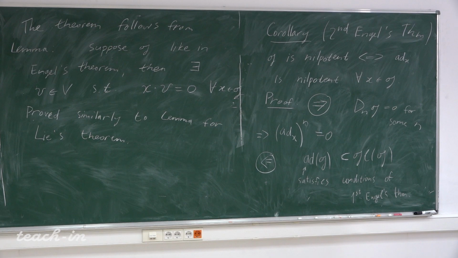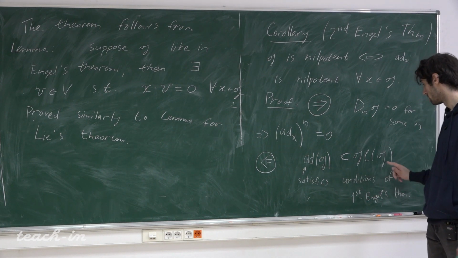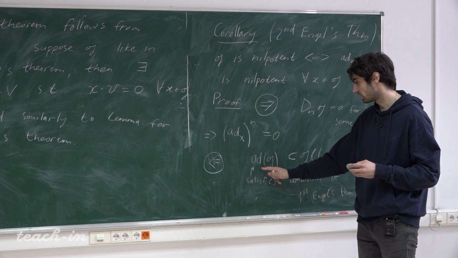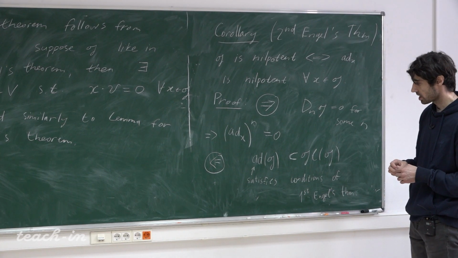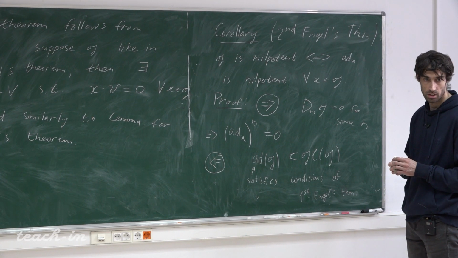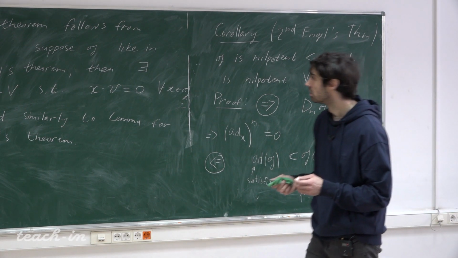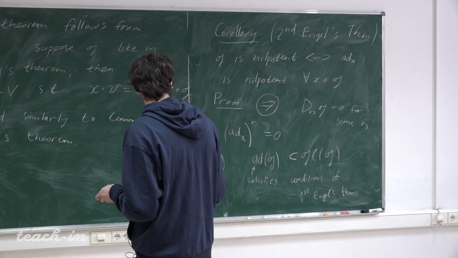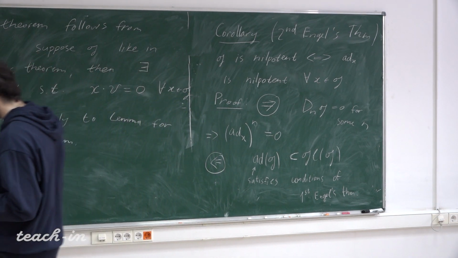Therefore, there's a basis in g such that in this basis, each element of this thing is upper triangular, even strictly upper triangular.